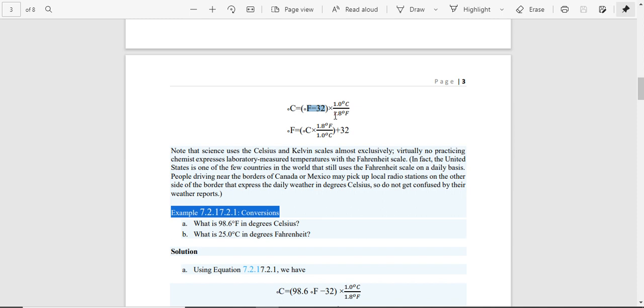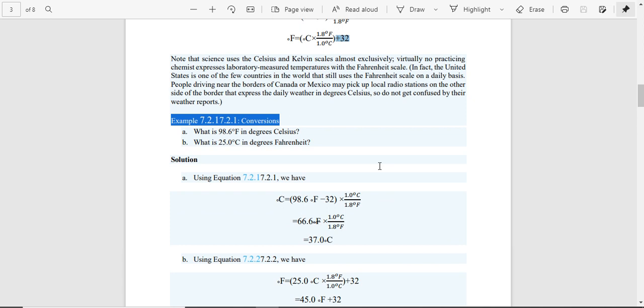And then for your Celsius to Fahrenheit naman, vice versa. So, Celsius times 1.8, then i-plusan mo lang 32. Simple as that.